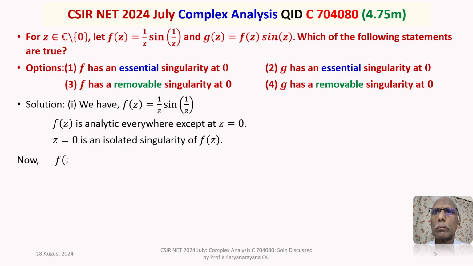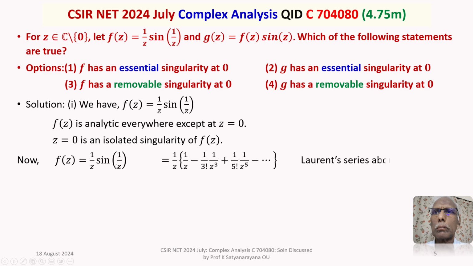Now f of z is equal to 1 by z into sine of 1 by z. Let us write down the Laurent's expansion of sine of 1 by z about z is equal to 0. It is well known that 1 by z into sine of 1 by z is 1 by z minus 1 by z cube into 3 factorial plus 1 by z to the power of 5 into 5 factorial minus so on and so forth.